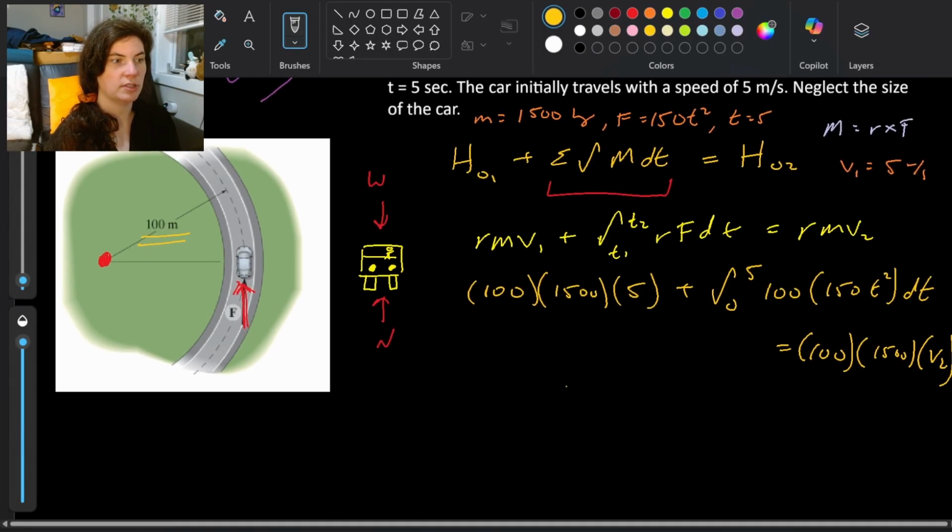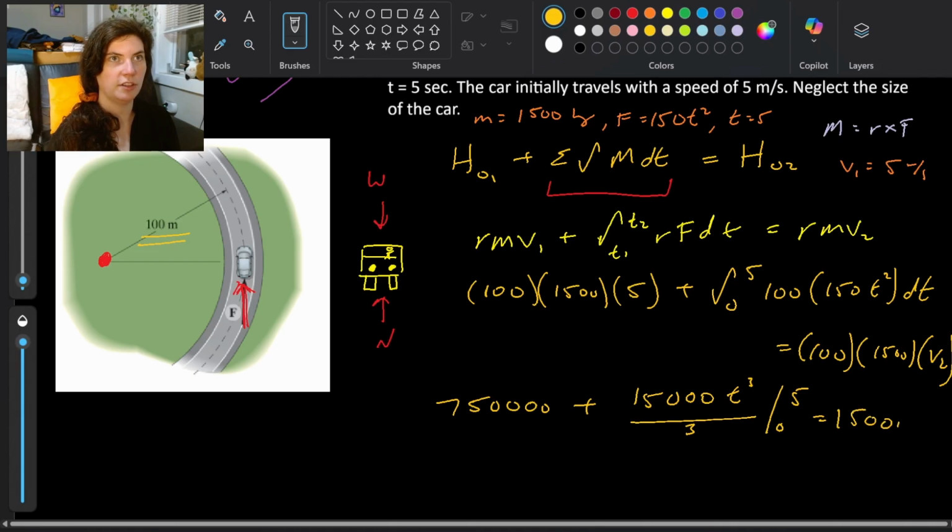I'm going to punch those things into my calculator, and I'm going to get 750,000 plus, if I take this, 100 times 150, that's 15,000 t cubed over 3 from 0 to 5, equals 150,000 times v2.